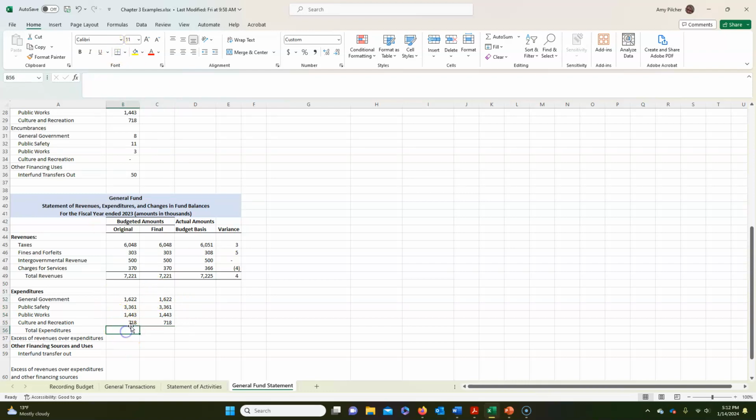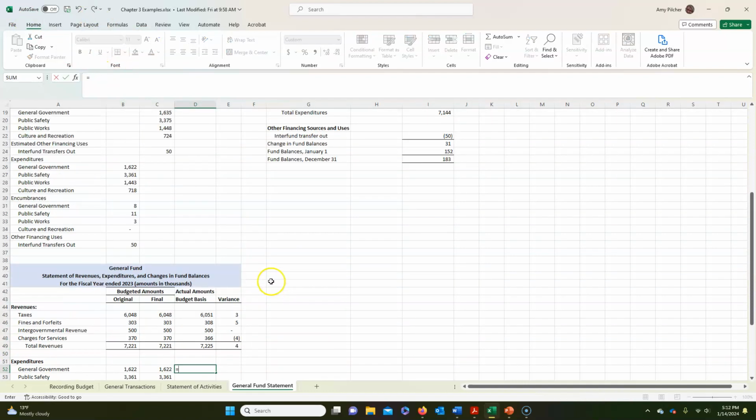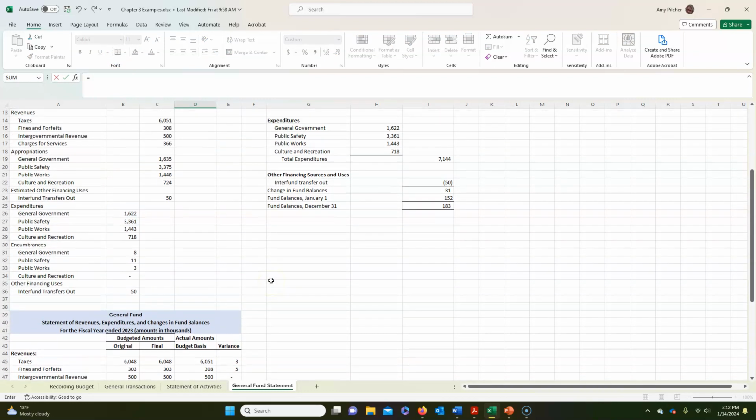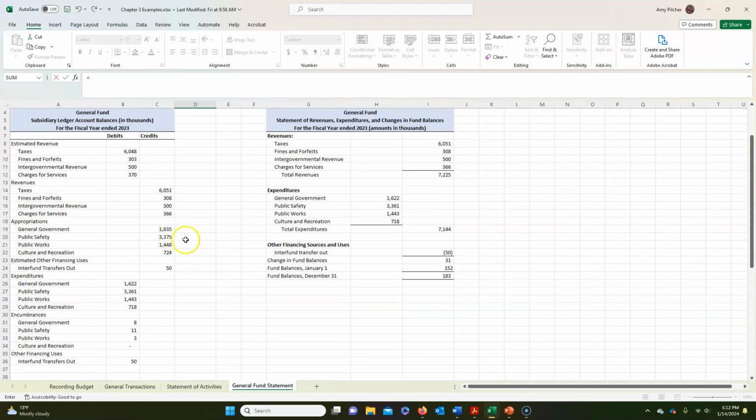We have our total expenditures. I'm just going to copy that all the way across for ease. And then we have the actual expenditures. Oh, that's what I pulled down, isn't it?